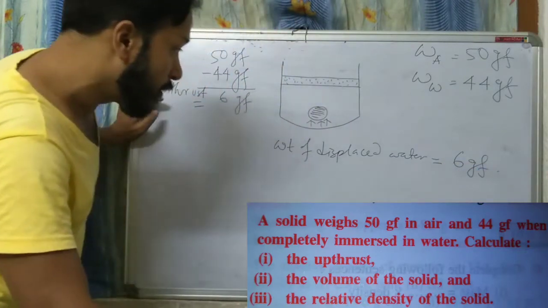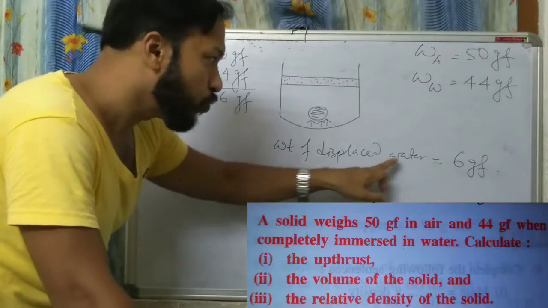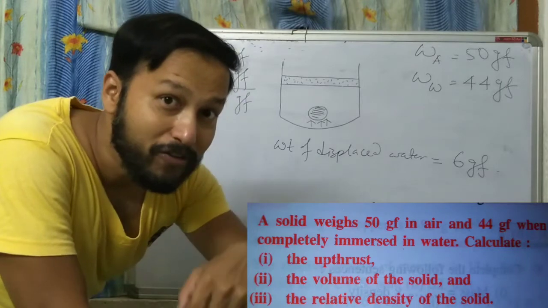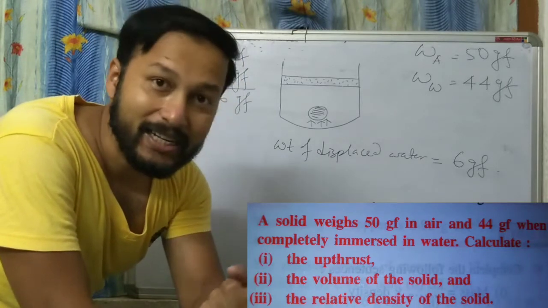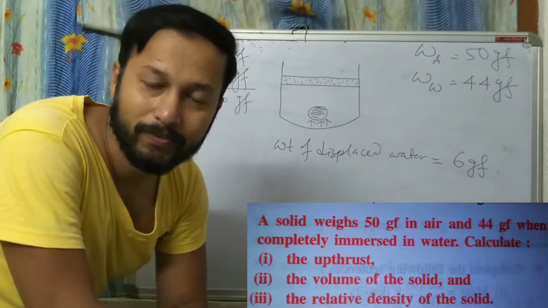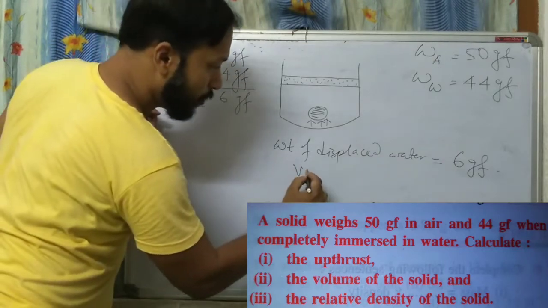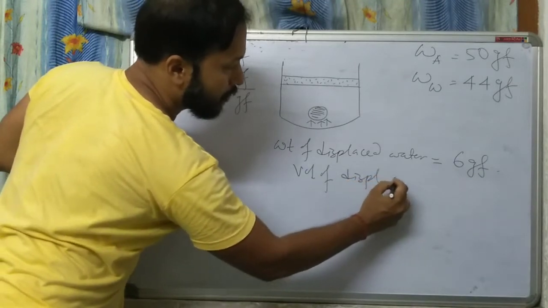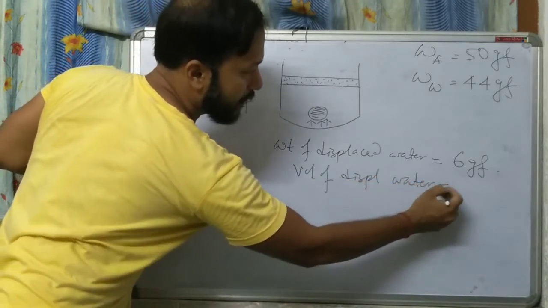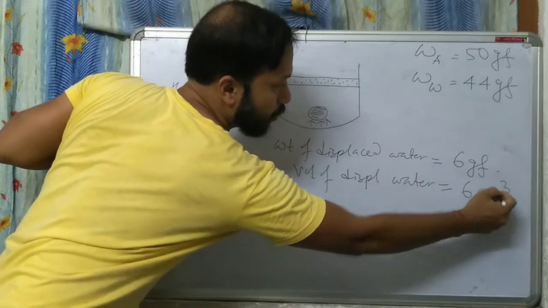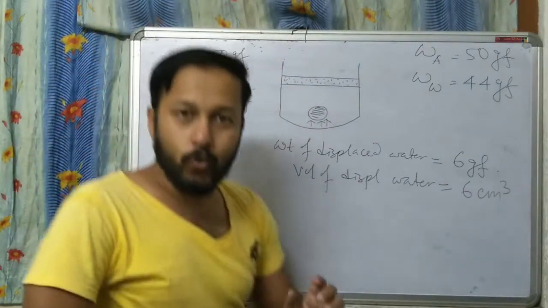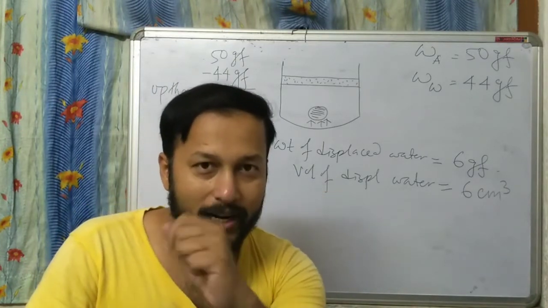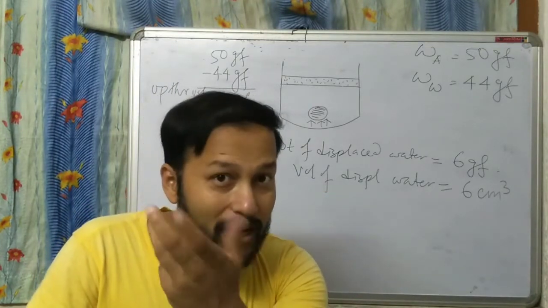Now, weight of displaced water is 6 gf. That means the volume of displaced water is 6 centimeter cube. Volume of displaced water equal to 6 centimeter cube. Why?